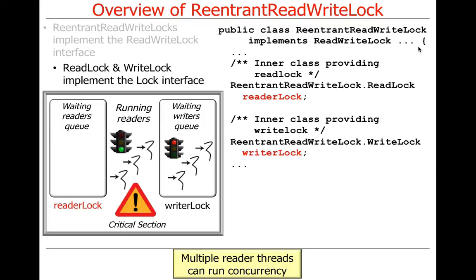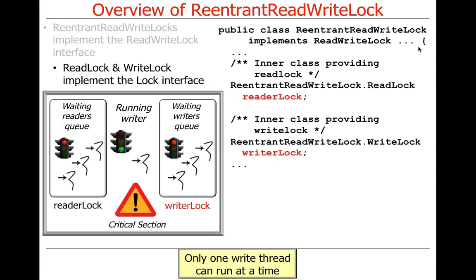If another reader comes along, does it get to jump into this queue, or does it have to wait till the write lock goes? That's where the whole starvation issue and liveness issue comes in. But the rule is if the read lock is held, readers can read. But when the write lock is held, only one writer can be in the critical section. Any other writers have got to be queued up. Any other readers have got to be queued up, one write at a time.